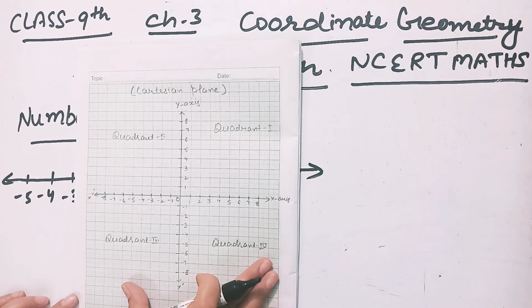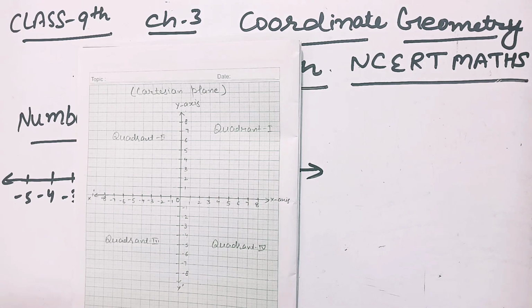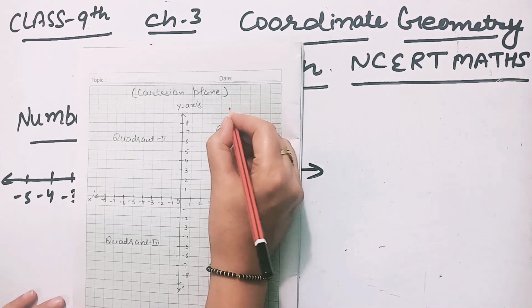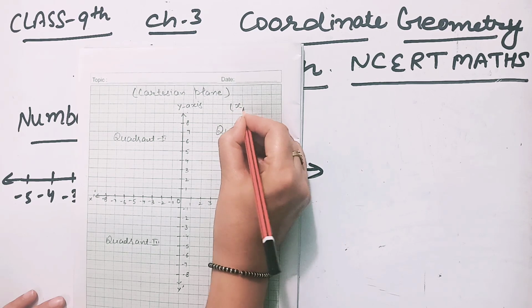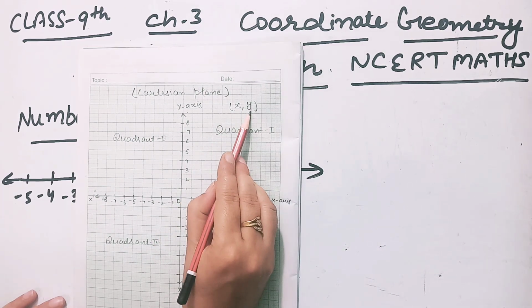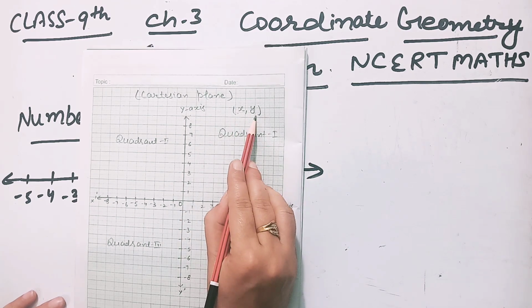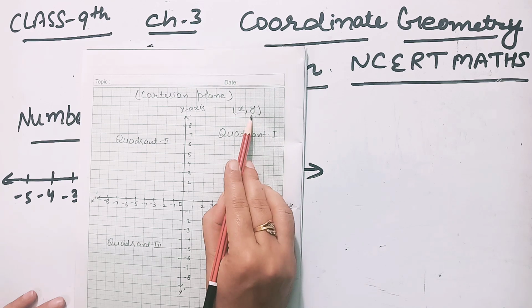And how will we show these points in the Cartesian plane? We show these points as (x, y), meaning x coordinate, y coordinate. The x coordinate is called the abscissa and the y coordinate is called the ordinate.